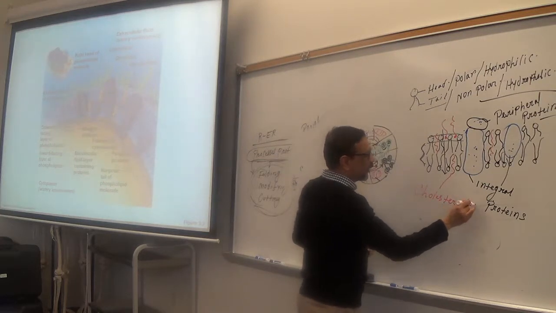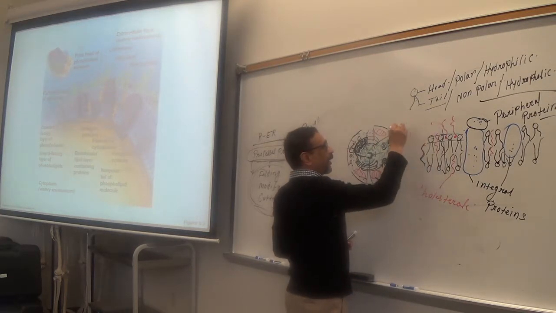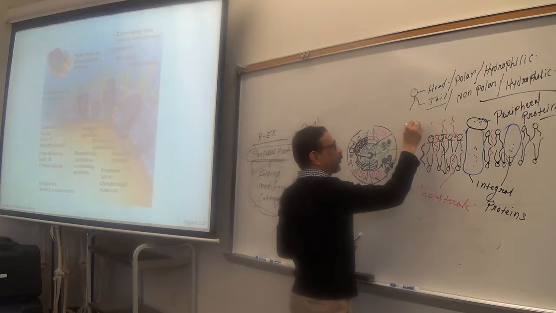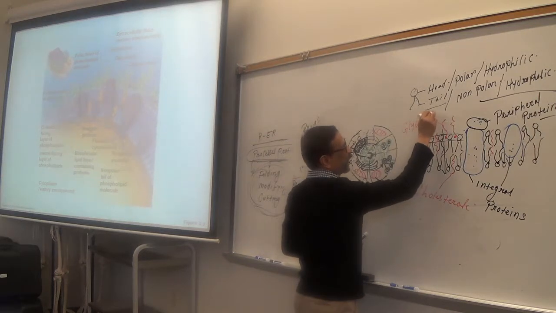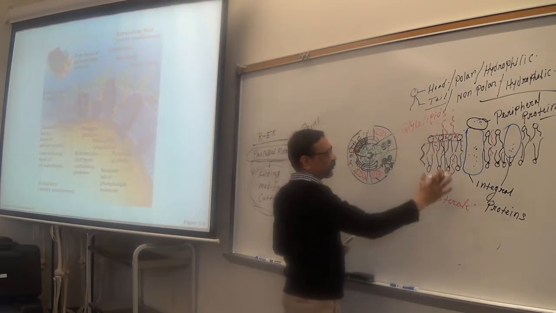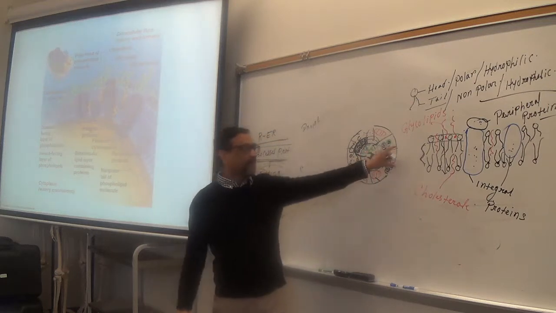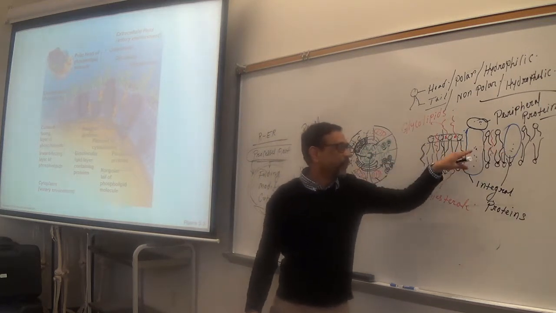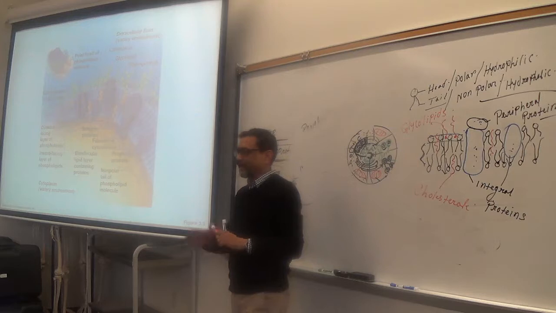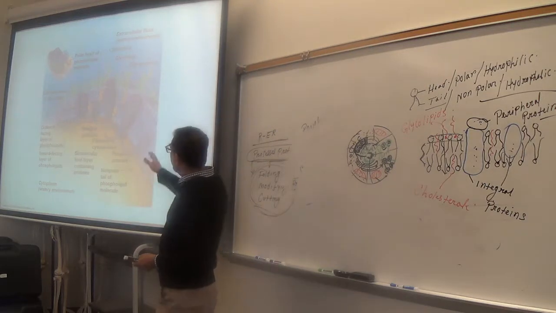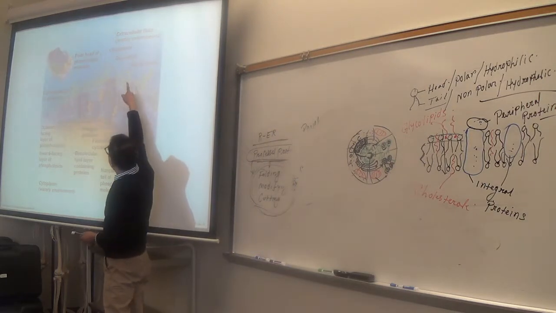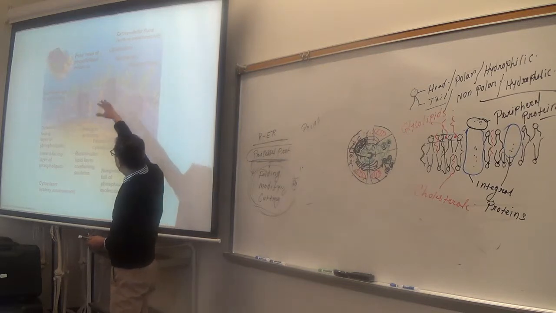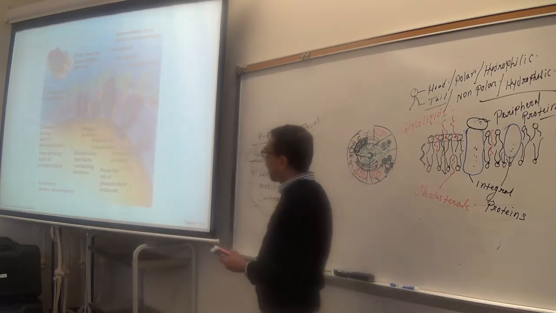Cholesterol and glycolipids and glycoproteins are also present. So those are in a small amount. Mainly, we say phospholipid bilayer in which proteins are embedded. That's the structure. Okay. Here you see glycoproteins, glycolipids, cholesterol. Those are in small amount. Okay.